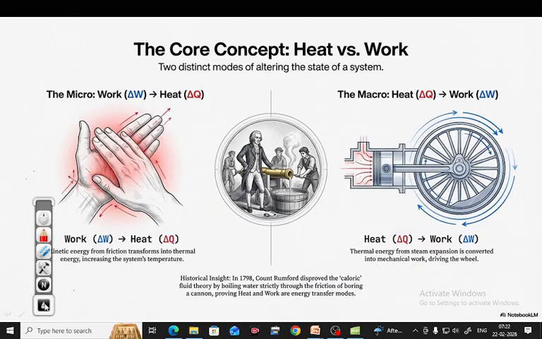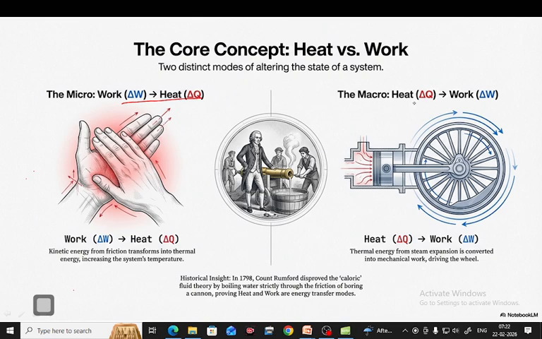Macro del Q changes to work del W, that is, micro work to heat and macro heat to work. Here work del W equals del Q heat.